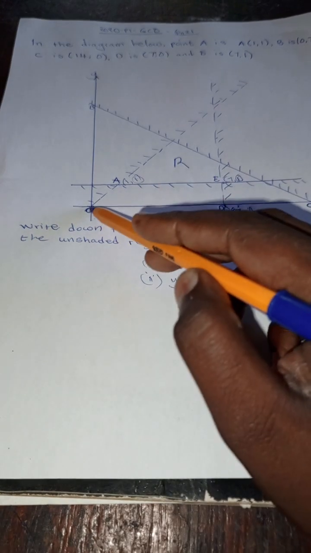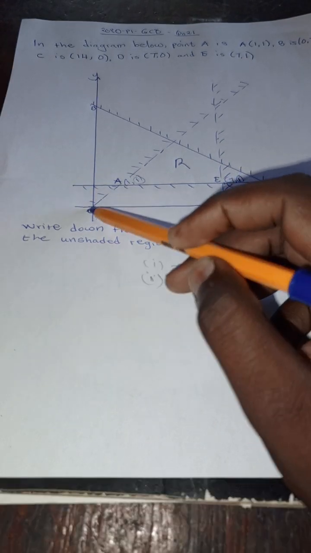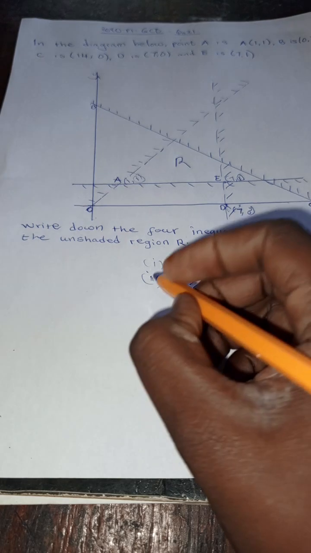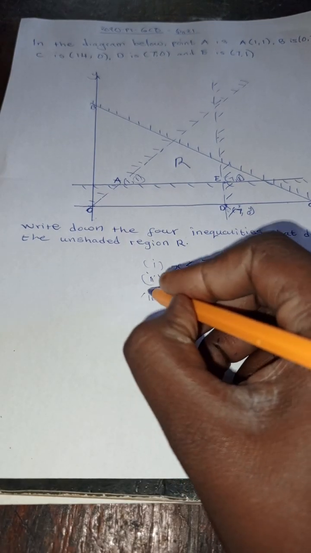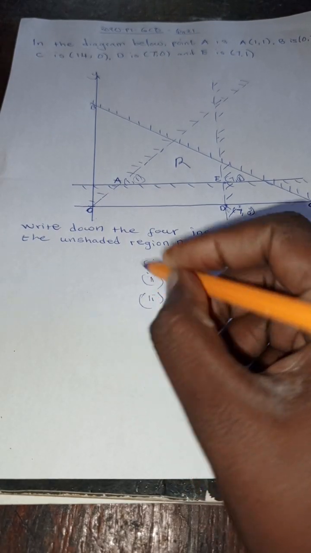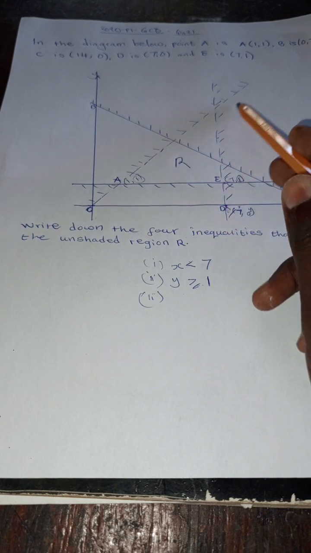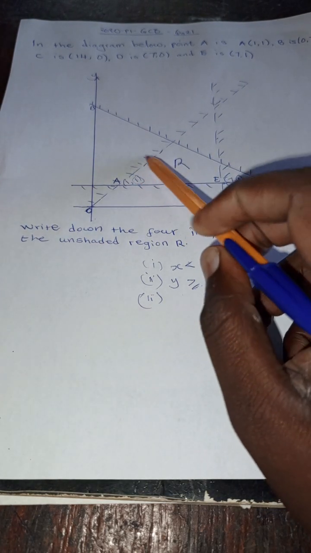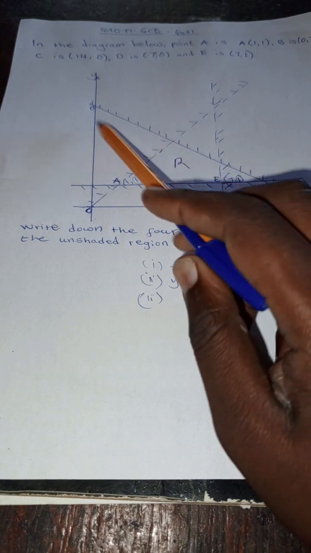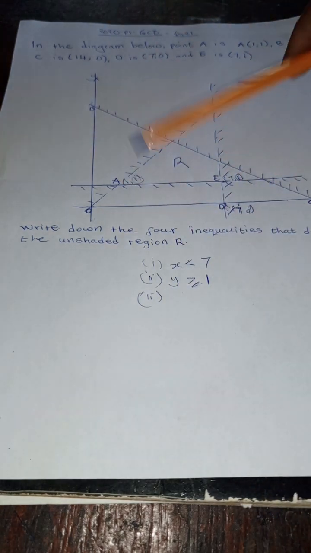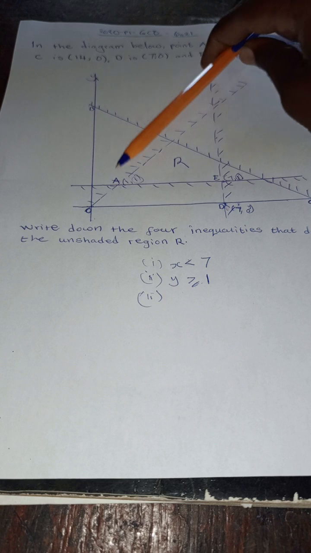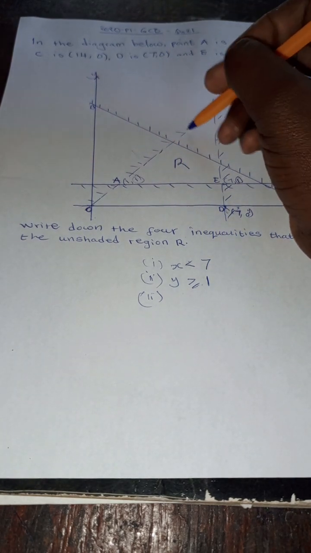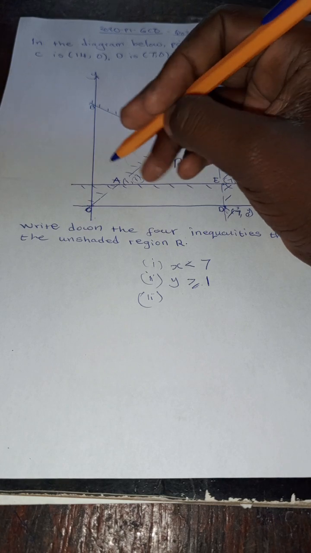Now the other one, the diagonal one, starts from 0. This one, we just have to use x and y. It starts from 0, then goes diagonally like that. The shaded part is where y is greater and x is less.